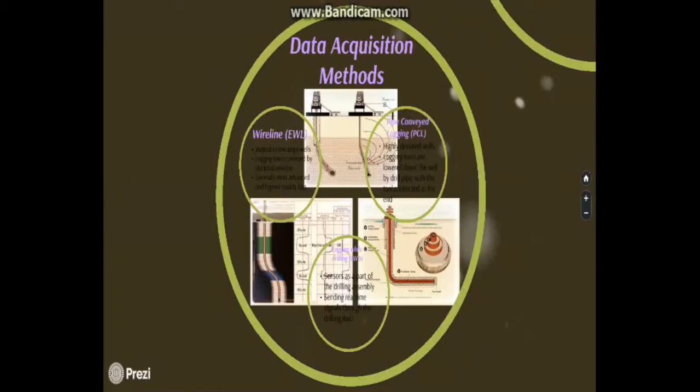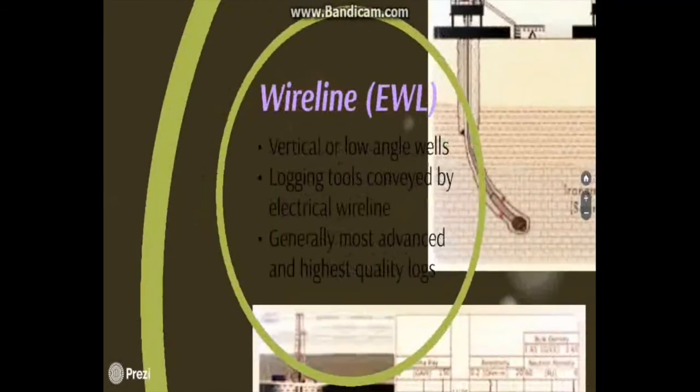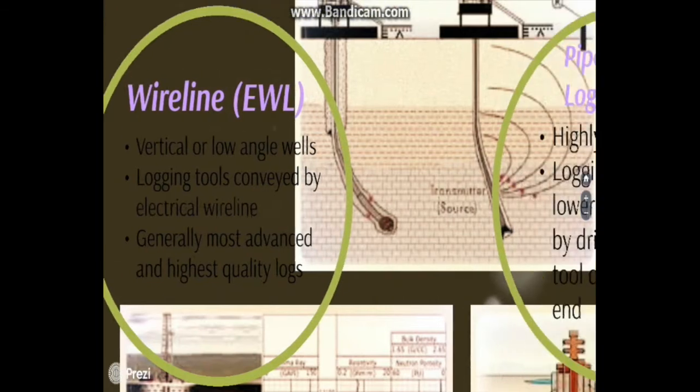There are three types of data acquisition methods: wireline, pipe conveyed logging, and the last one, logging while drilling. Electrical wireline: vertical or low-angle wells, logging tools conveyed by electrical wireline, generally the most advanced and highest quality logs.